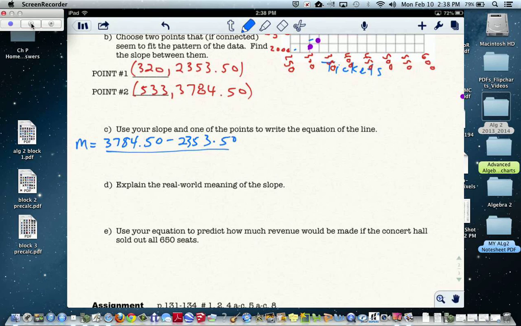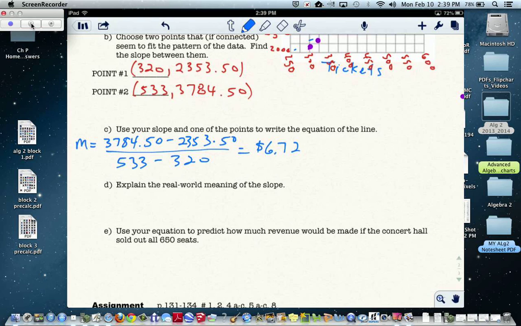And then you do the x's in the same direction, so 533 minus 320. If you make that calculation, type that in carefully to your calculator. You get something right around 6.72, let's call it. Do a little rounding.